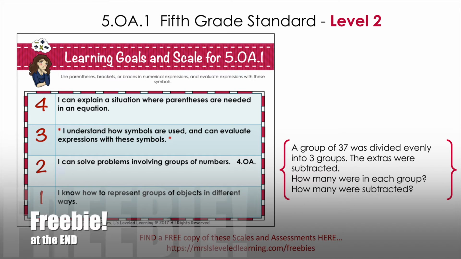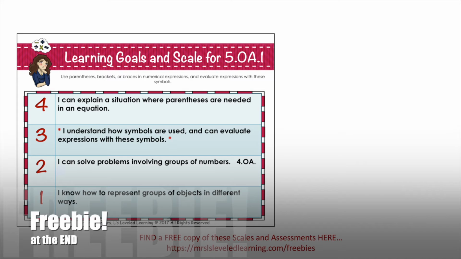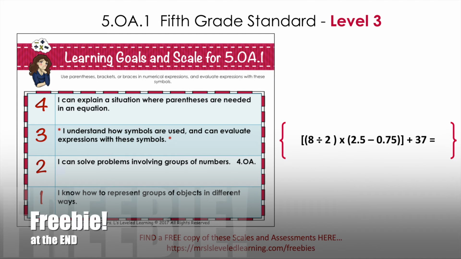How many were in each group? How many were subtracted? So the 2 questions below kind of help students to remember that there's an order of operations in word problems. Then you're going to help them make the connection from word problems to number sentences with symbols. Let's take a look at a level 3 example, which is the grade level expectation for 5th grade.